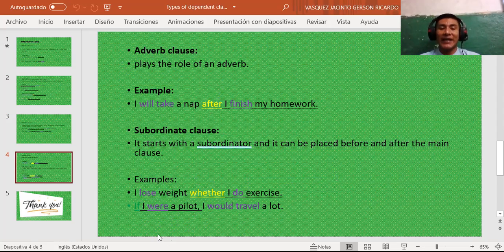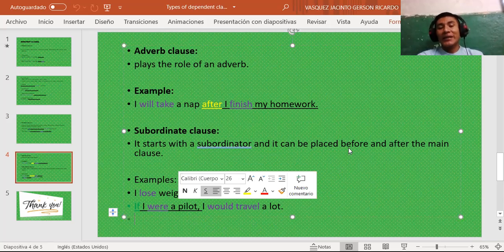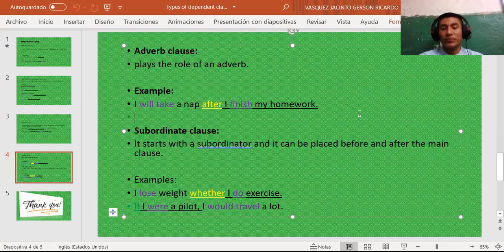And in the second example, we have our subordinator at the beginning of the message, before the independent clause.